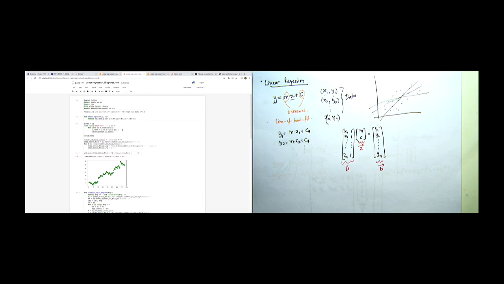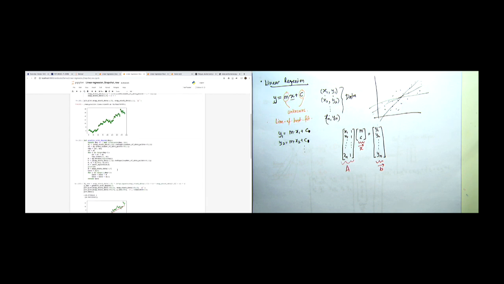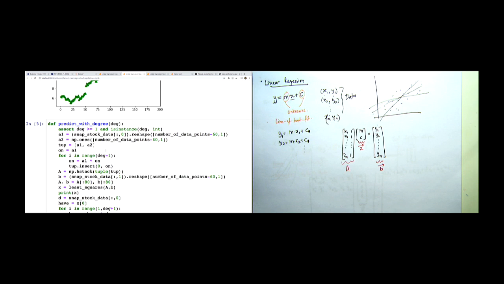I'm not going to go into the details of how we're doing this here, but you can see that this is kind of a line, but maybe it's not really a line. Maybe it's better predicted by a higher degree polynomial or something else. Maybe I want to use some other kind of model. So I have this data here.